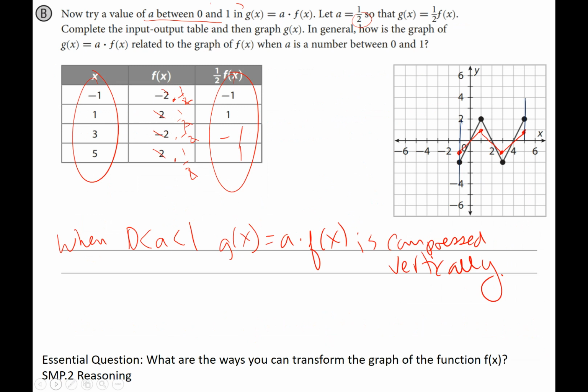Let's see if that works for the compression too. We went from -2 to -1 and from 2 to 1. Our a was 1/2, so if I multiply by 1/2, that works. It looks like we multiply by the a value.